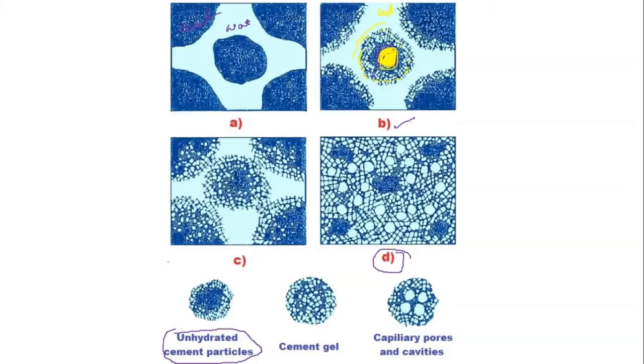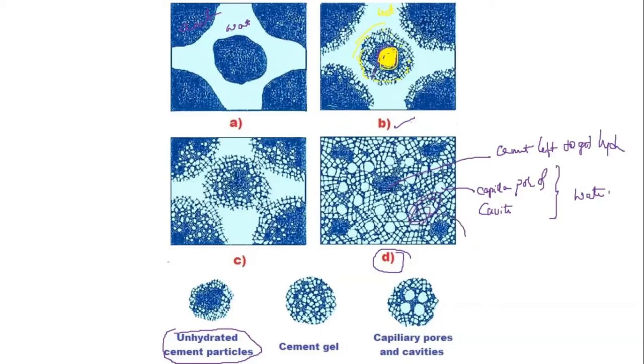And what happens here is there are going to be some pores. These are capillary pores or simply cavities. And what do these contain? These contain water. And here there is still cement left to get hydrated. And here you can find hydrated cement gel or cement gel.